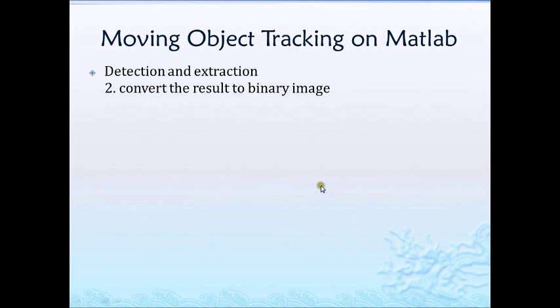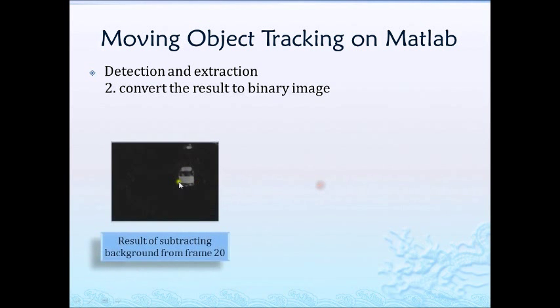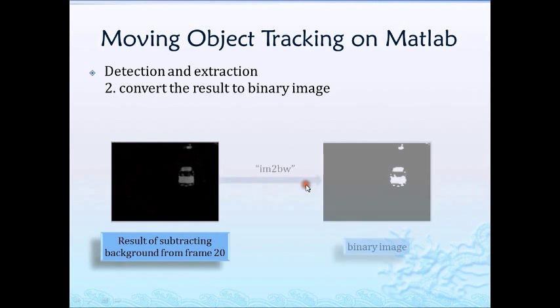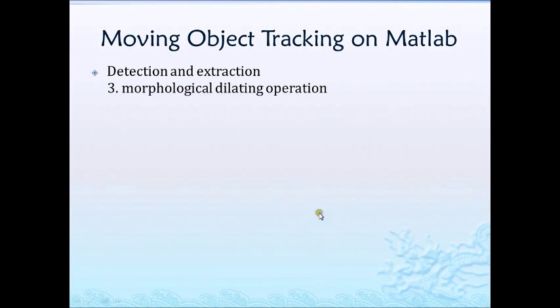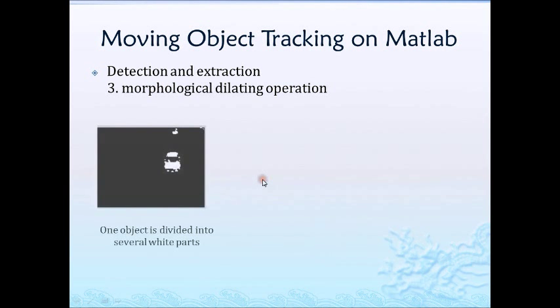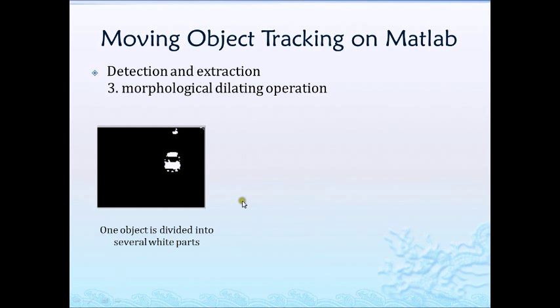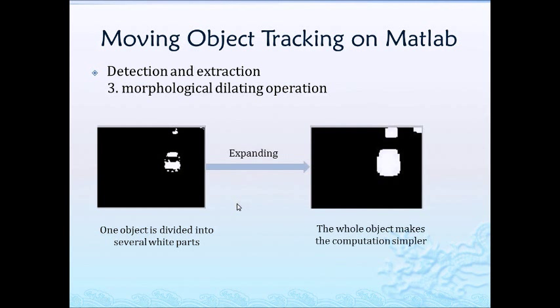And then we need to convert the result image into a binary image. In the binary image, we can see the object is divided into several white parts. By the morphological dilating operation, we can get one white part for the whole object, and this makes the computation simpler.